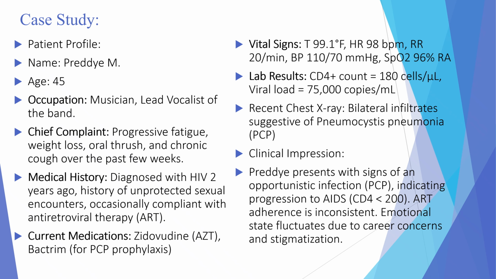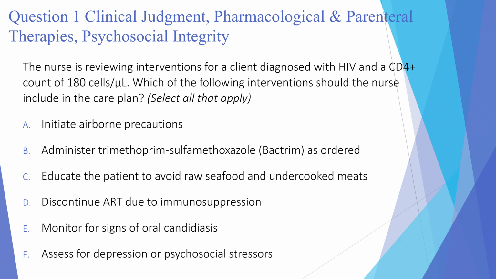And now we go into the questions. Clinical judgment, pharmacological and parenteral therapies, psychosocial integrity. So you see 1, 2, 3, 4 in just one question. The nurse is reviewing interventions for a client diagnosed with HIV and a CD4 plus count of 180 cells.